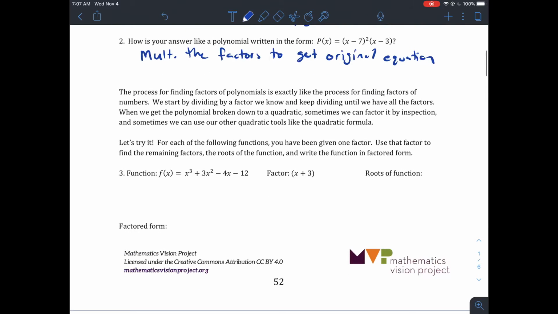All right. Next it says, the process for finding factors of polynomials is exactly like the process for finding factors of numbers. We start by dividing by a factor we know and keep dividing until we have all the factors.